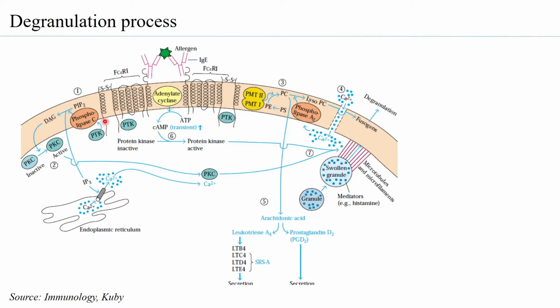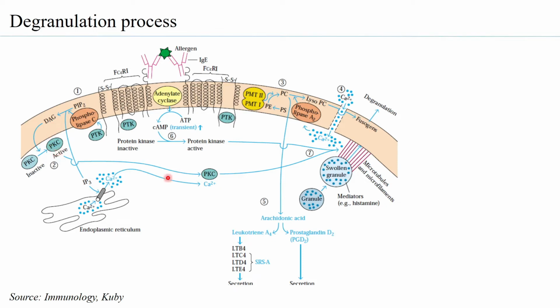They in turn are going to activate further effector molecules. So for example, they activate phospholipase C, which is converting PIP2, phosphatidylinositol bisphosphate, into diacylglycerol and IP3. IP3 goes to the endoplasmic reticulum. There it binds to ryanodine receptors, and you have calcium being released into the cytoplasm. So intracellular calcium levels are going to go high. And plus, what also happens is that the diacylglycerol is going to activate protein kinase C.